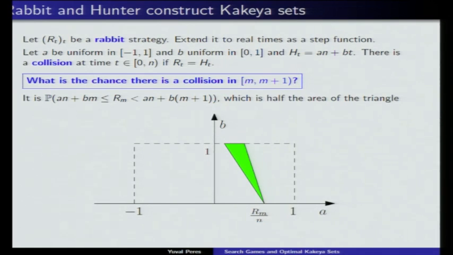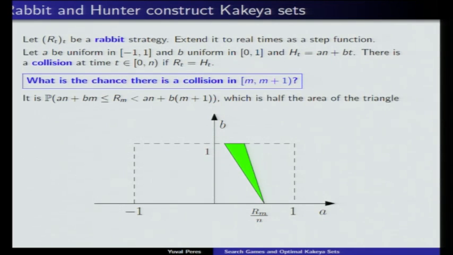So here is the parameter A determining the initial location. This is the parameter B. Since they're picked uniformly, then the distribution of AB is just normalized area measure on this 2x1 rectangle. And the event that there is a collision at the time interval m to m plus 1 corresponds to these parameters AB being picked in this triangle.